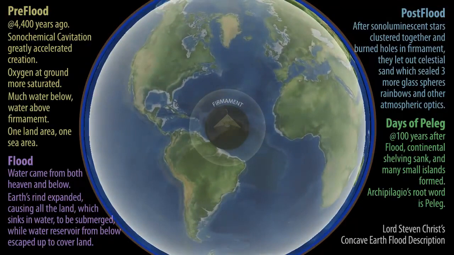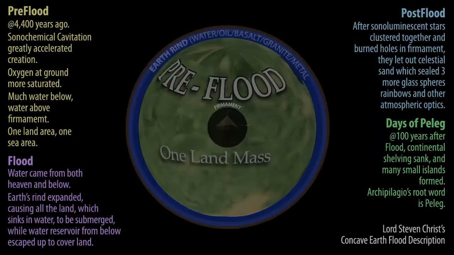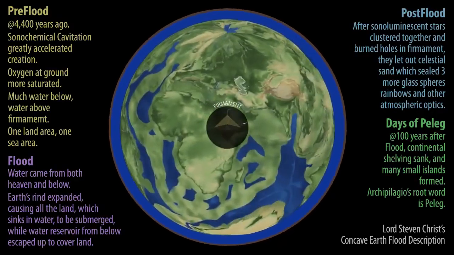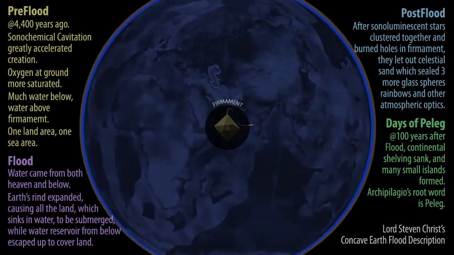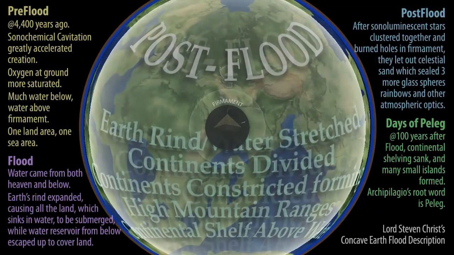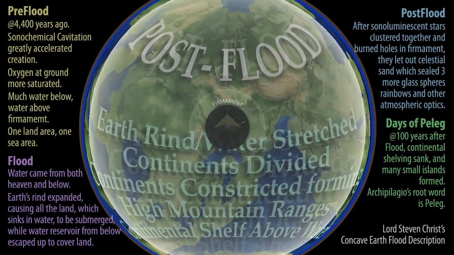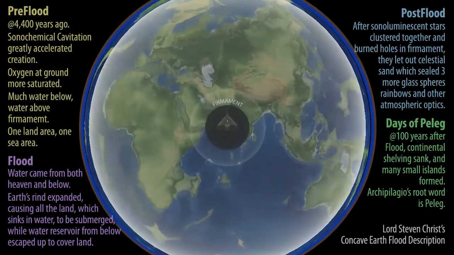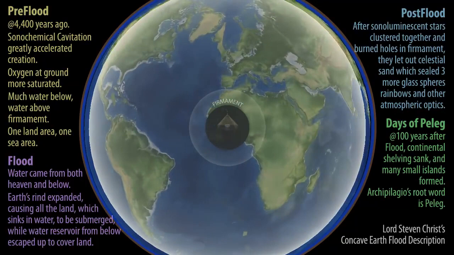And so sonochemical cavitation actually greatly accelerates the sonochemical process of things, and it accelerates the growth and the transition from one metal to another, or one chemical to another chemical. And so that's what happened. That's why we live in this so-called young Earth. It's because things were accelerated like that.